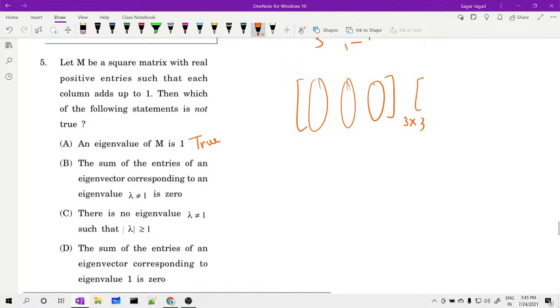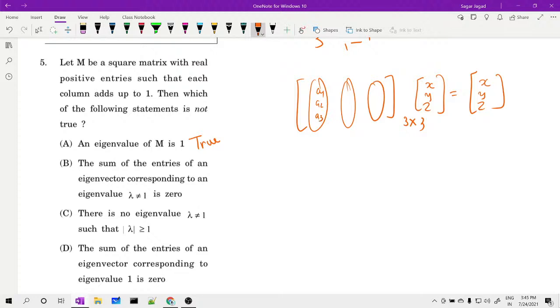Suppose this is nothing but an eigenvector xyz, and since the eigenvalue is 1, it is xyz. The sum of the entries of an eigenvector corresponding to eigenvalue 1 is 0. So let us just verify this. Suppose I give them the names A1, A2, A3, B1, B2, B3, C1, C2, C3.